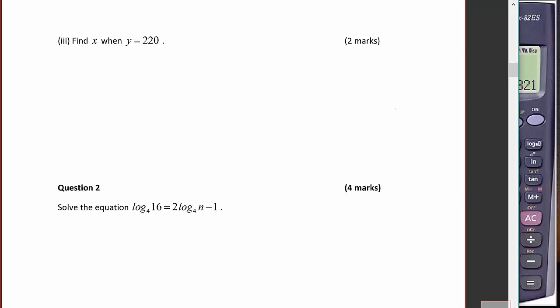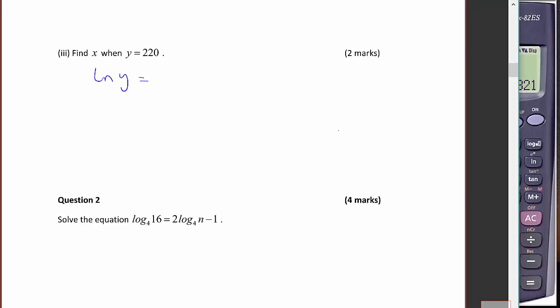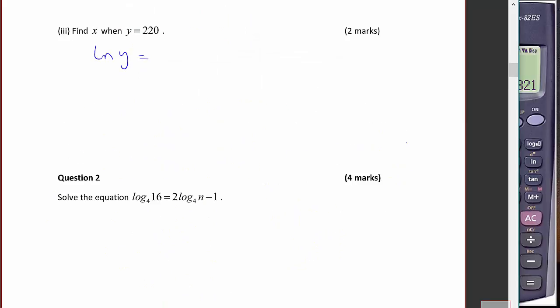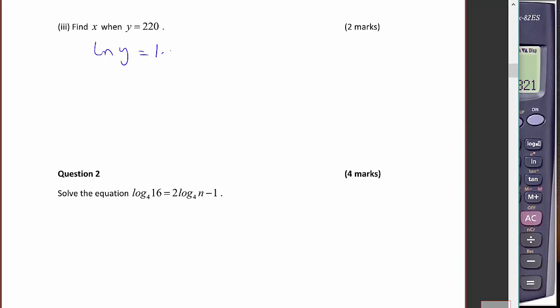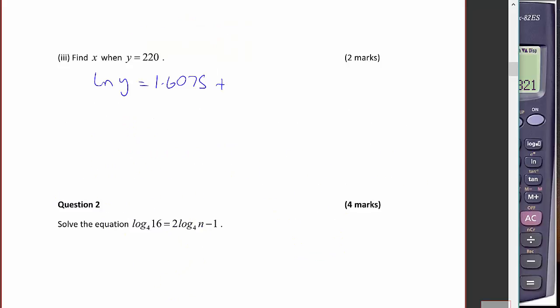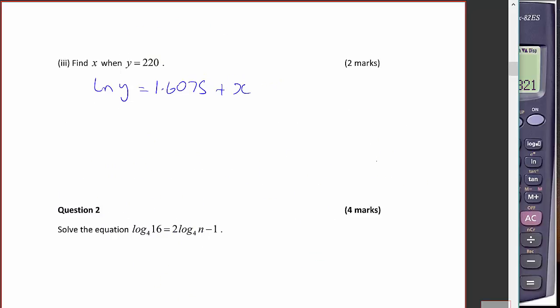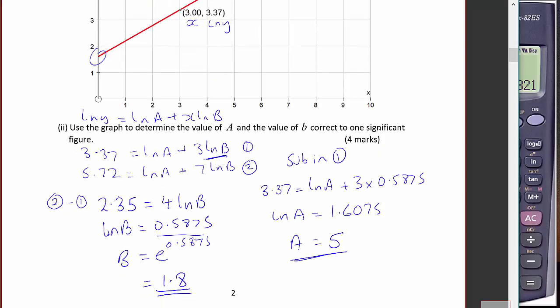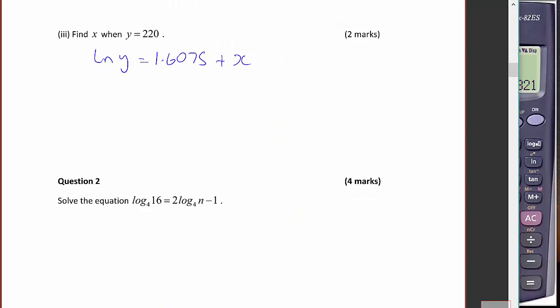Find x when y is 220. Now we're best off going from the ln y. So we know ln a is 1.6075. And then we have x ln b, and ln b is 0.5875.